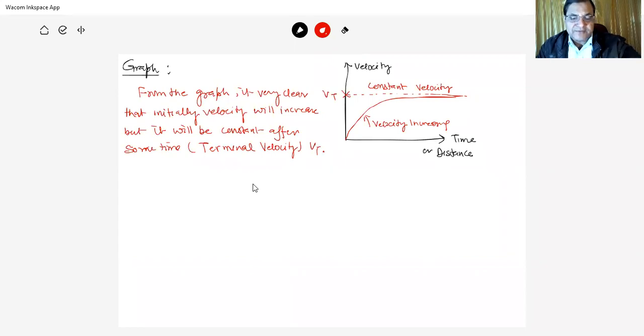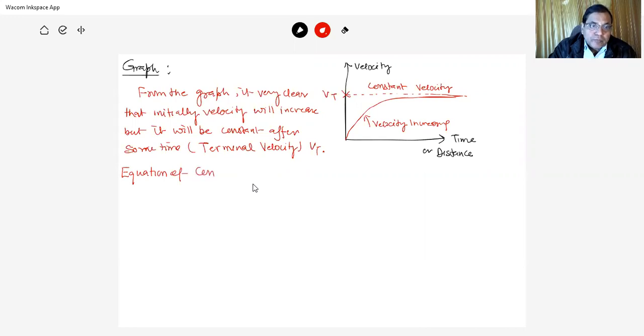We know that this velocity is the free fall of the object, and it has an application, which is paratroopers.